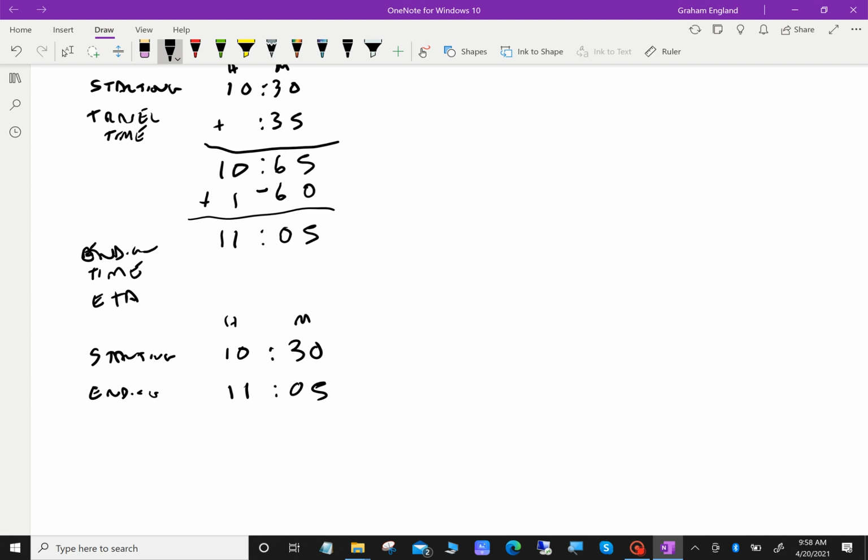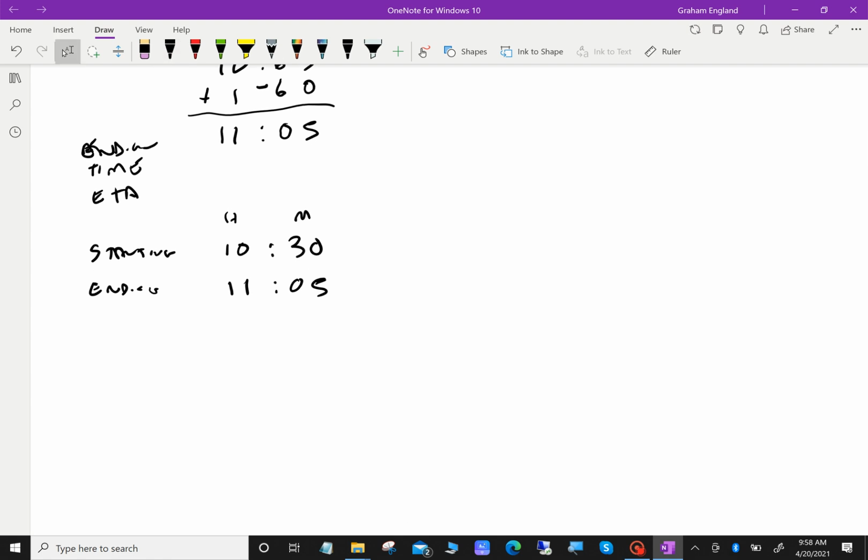So the best way to do this is to rewrite it. 11:05 minus, give myself a little bit of room, minus 10:30. Okay. Well, you can't, and you do this separately. You do the hours by itself and the minutes by itself. Well, 5 minutes subtract 30, that's hard to do, right?